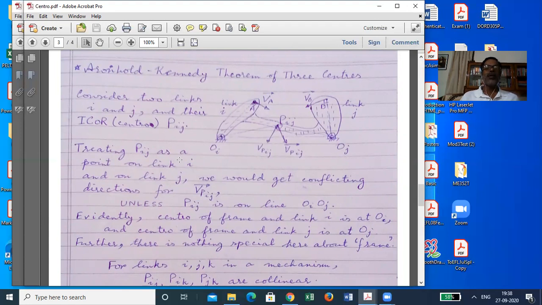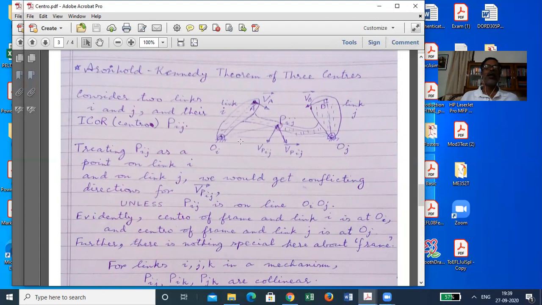So now you will find that we get conflicting directions of the velocity of this point on link this and on link this, unless this point happens to be on the line OI OJ, in which case OI Pij and OJ Pij will be along the same line and their perpendiculars will be along the same line, a common perpendicular.